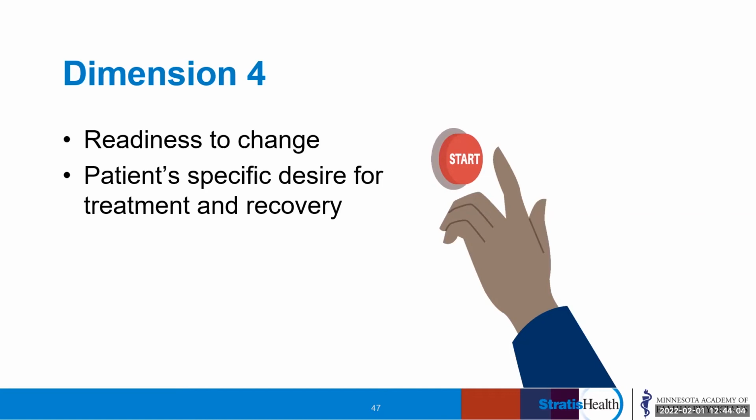A person who is still in that pre-contemplative stage might warrant more of an inpatient or a more intense level of treatment because they might just not quite be there yet. And so having more of a structured environment may be more beneficial. A person who is super motivated, has lots going on in their life, and for whatever reason now was just the perfect time, might not need such a structured environment.